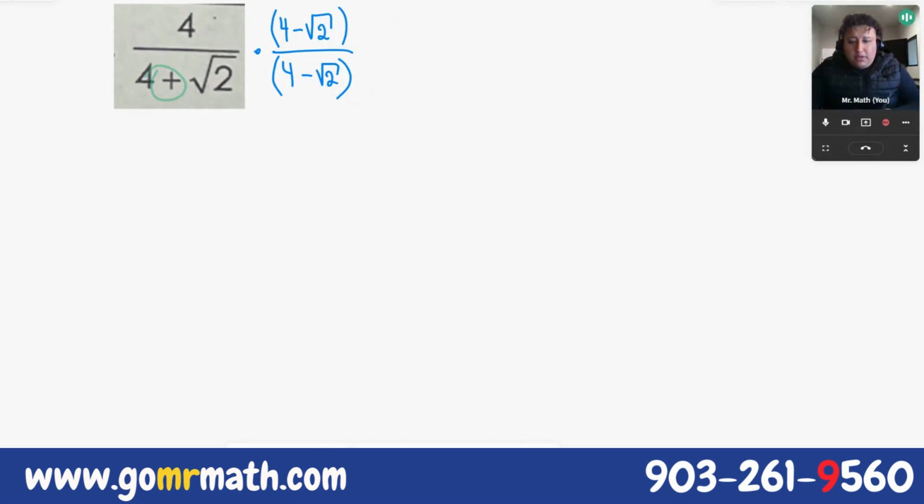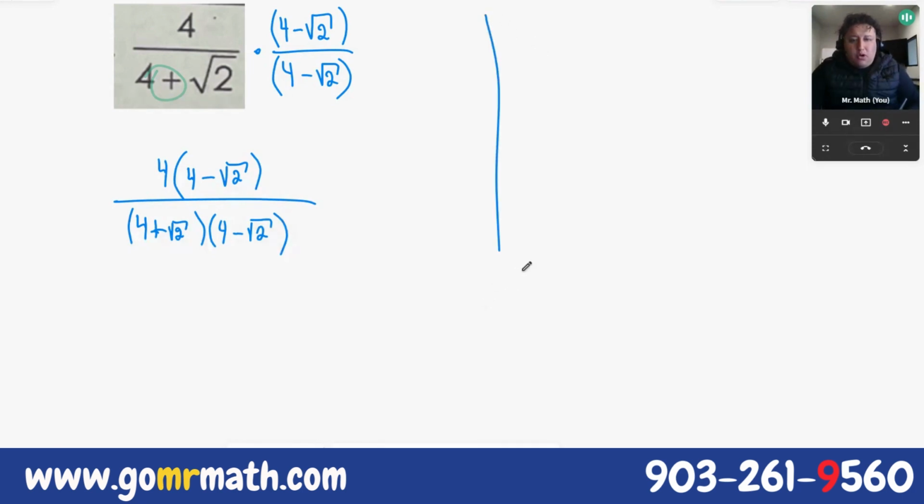So what is going to happen on the numerator? We're going to have 4 times 4 minus root of 2. And on the denominator, we have 4 plus root of 2 times 4 minus root of 2. Now let's remember our algebra. A minus b times a plus b is a notable product, equivalent to a squared minus b squared.